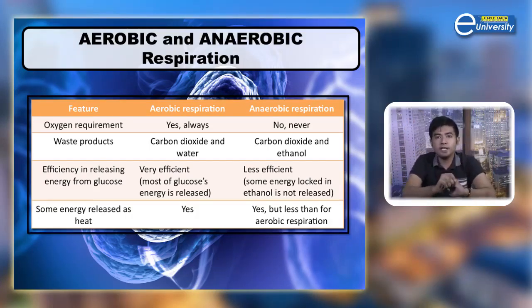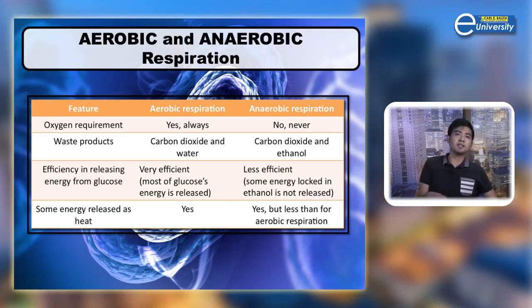Waste product: in aerobic respiration, carbon dioxide and water are the products, while in anaerobic respiration, carbon dioxide and ethanol, an alcohol, take note, are the products. In efficiency, aerobic respiration is very efficient, while anaerobic is less efficient. In terms of energy release as heat, in aerobic respiration, of course, some energy is released as heat, while in anaerobic respiration, some of the energy is not released as heat.